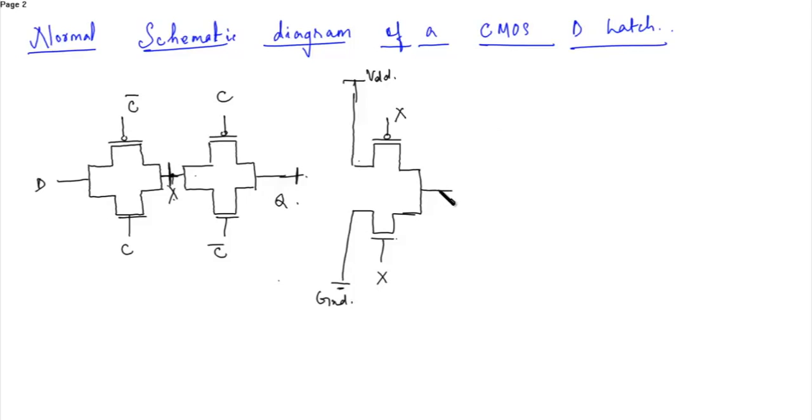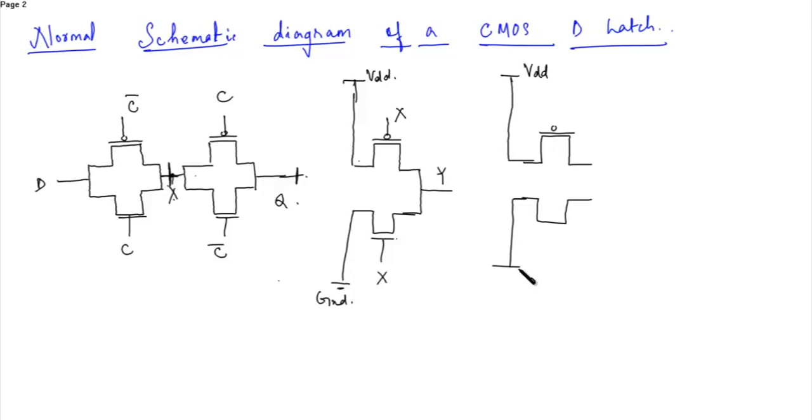So let's say the output was Y over here. So the input of the next inverter would be Y. This is connected to VDD.